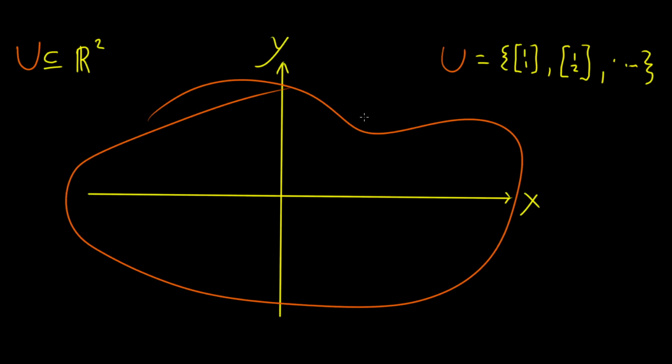And then, yeah, I think you pick a point in U. So you could pick like this point in U, and you could call it A. And A is in the set, but also you can have a ball or a circle around A. And this can actually, can't draw circles, but this can actually get pretty big.